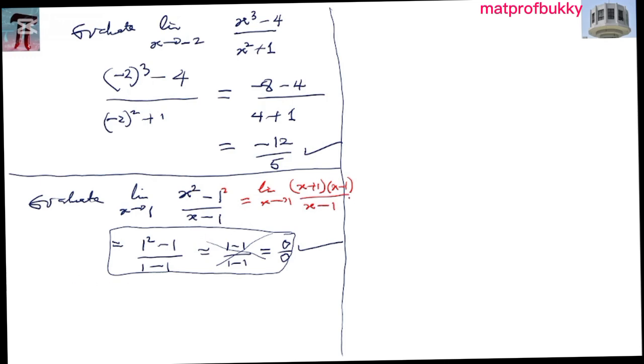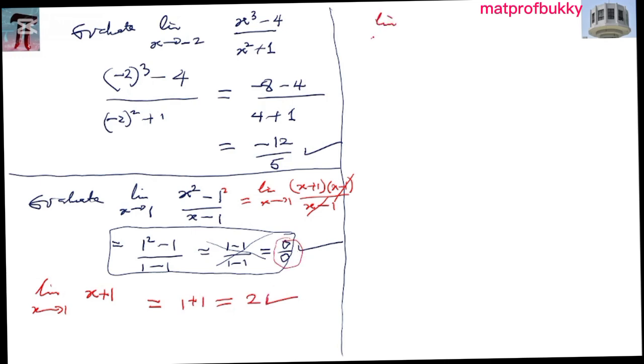So x minus 1 takes care of x minus 1, and our problem has reduced to the limit as x tends to 1 of x plus 1. We now try direct substitution: x plus 1 is 1 plus 1, so the limit is 2. So instead of having 0 over 0, the limit is actually 2.